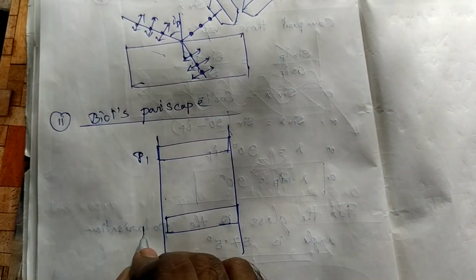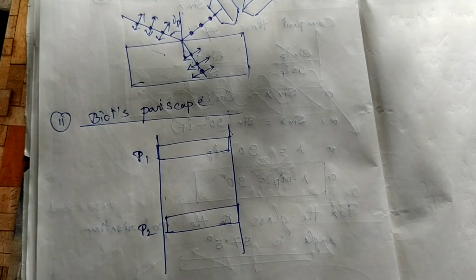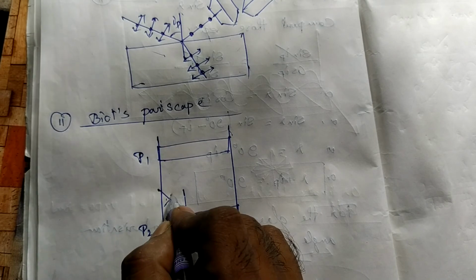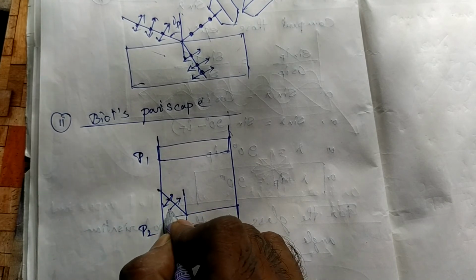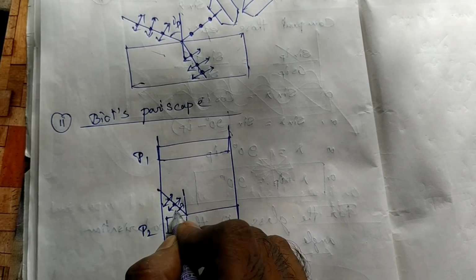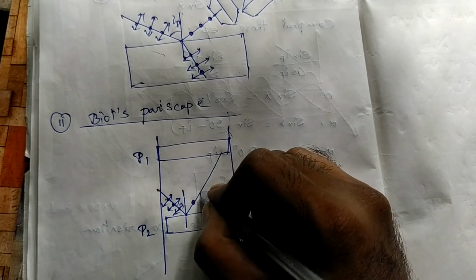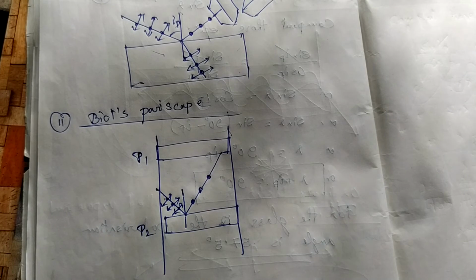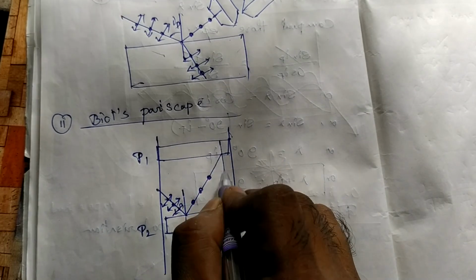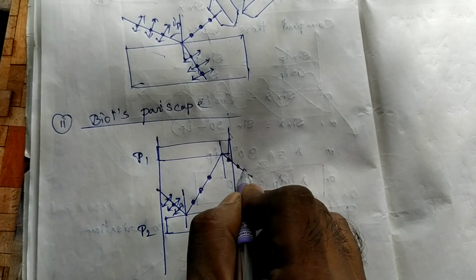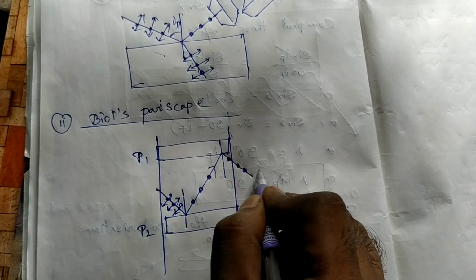This one is P1, this one is P2. When we incident some light on the first slab, this is unpolarized light. After the reflection, it produces polarized light. Again after the second reflection we also get polarized light. Is it clear for everyone?